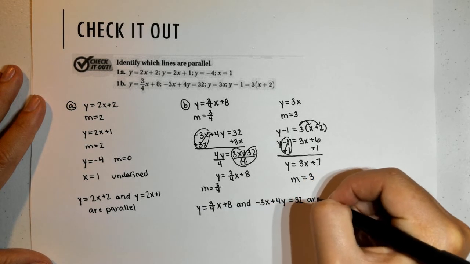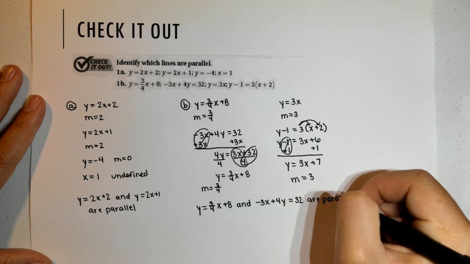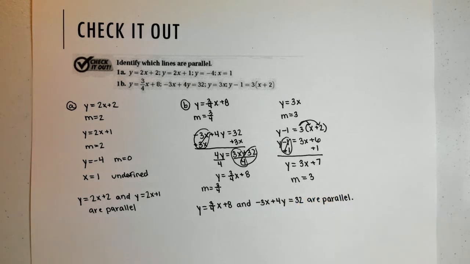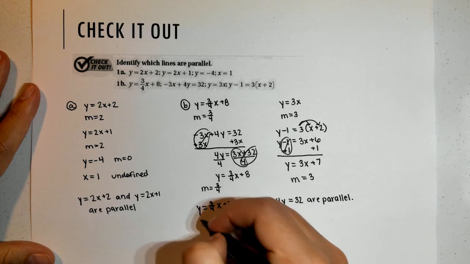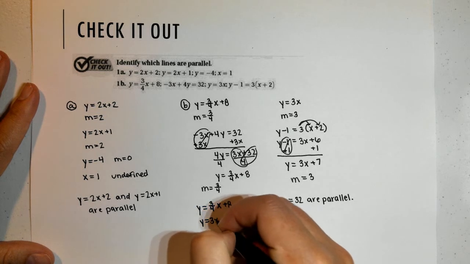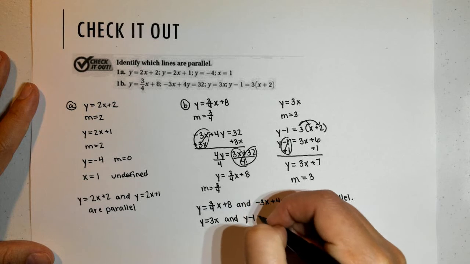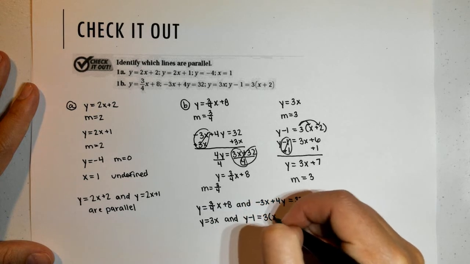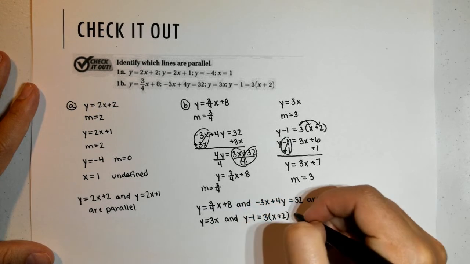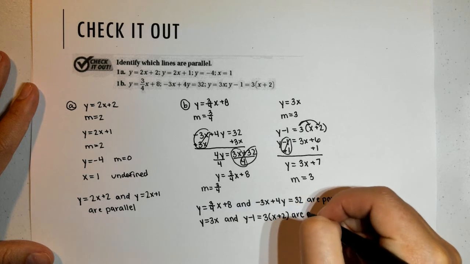And those are parallel. And then the second set of equations, y equals 3x and y minus 1 equals 3 times the quantity x plus 2, are also parallel.